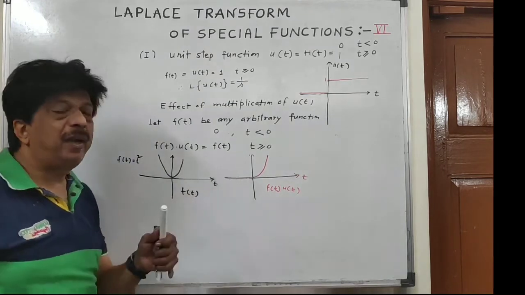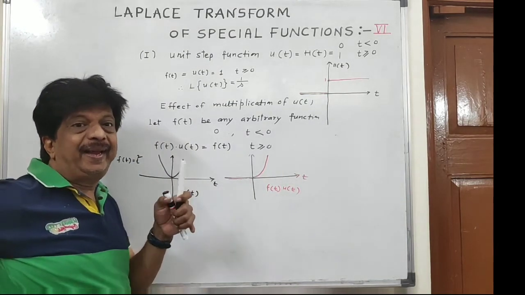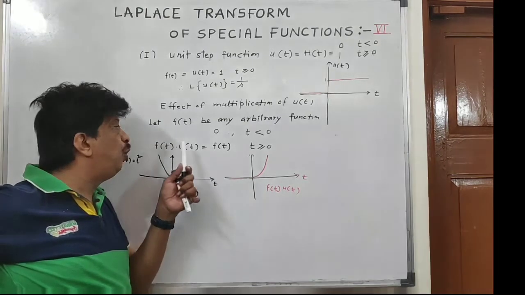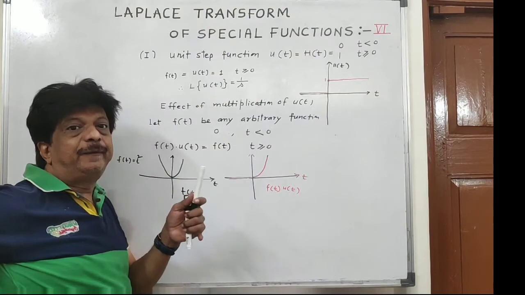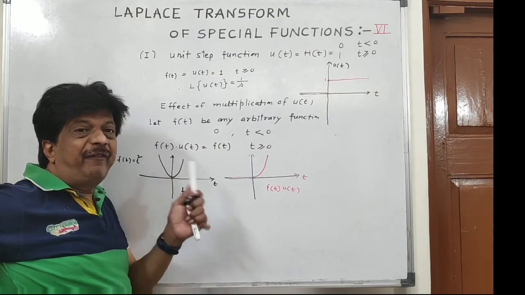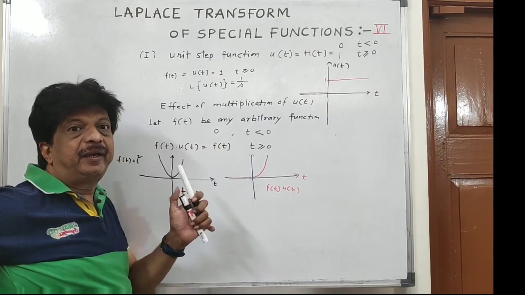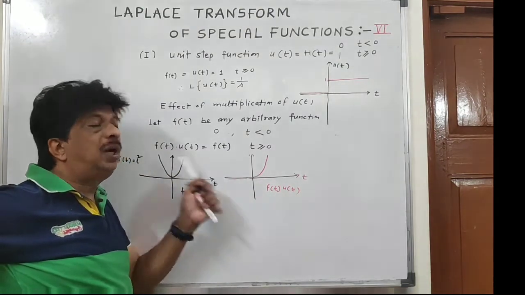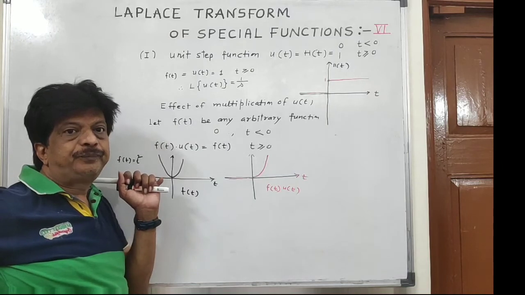So what does it mean? If we multiply any arbitrary function by u of t, then its effect is filtering. It filters the portion of the graph towards the negative axis.